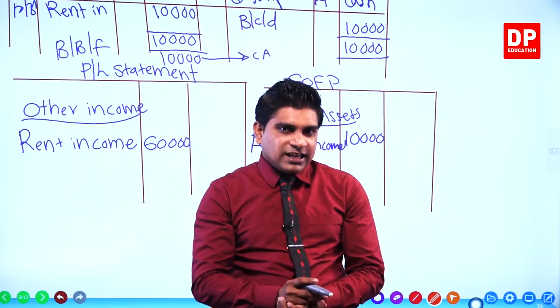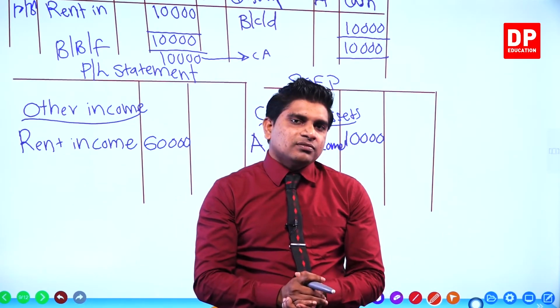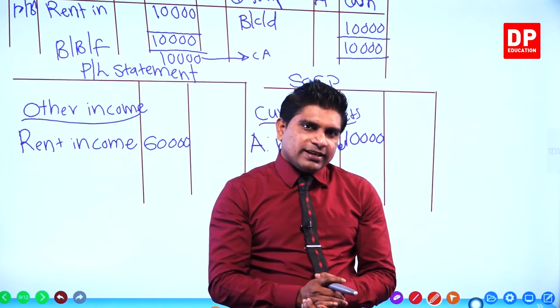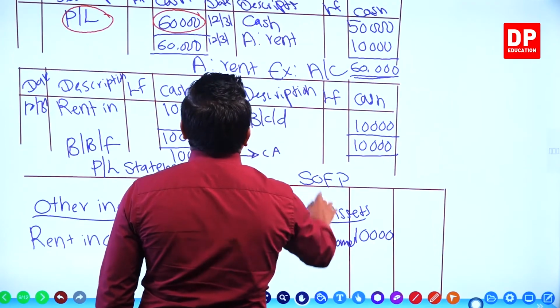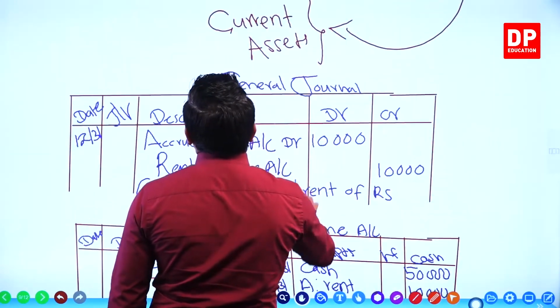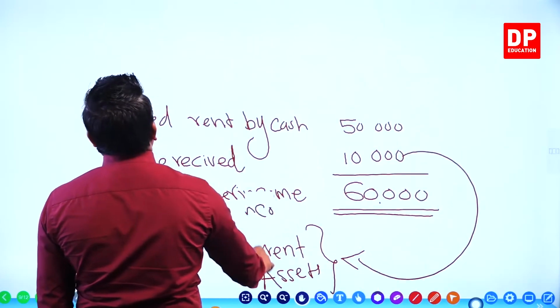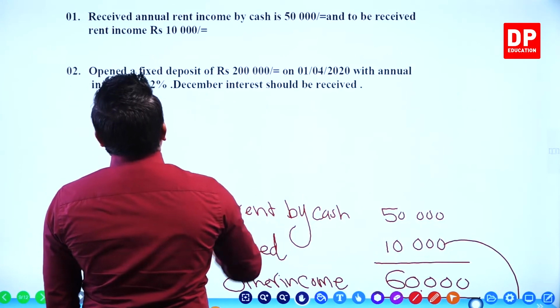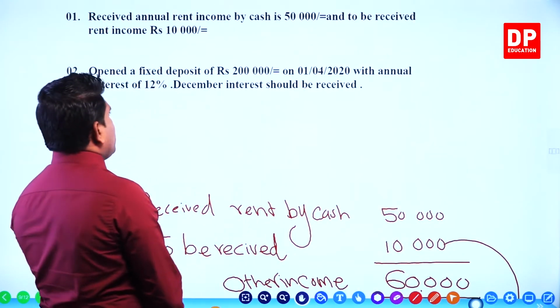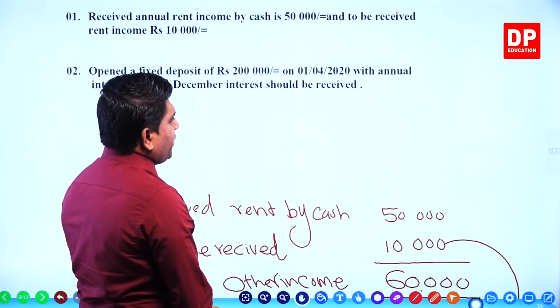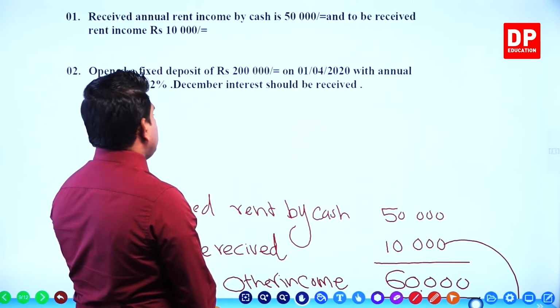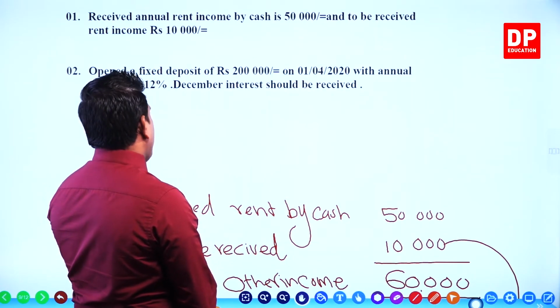Now I move to the next transaction. It is the second one which comes under the accrued income category, right? Now see the question. Open a fixed deposit of 200,000 on 1st of April 2020 with the annual interest of 12%.